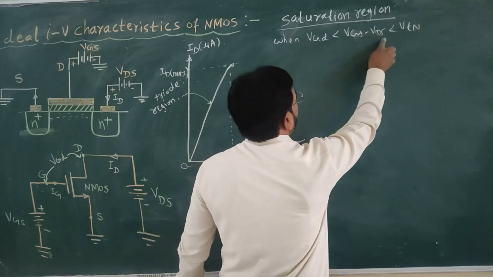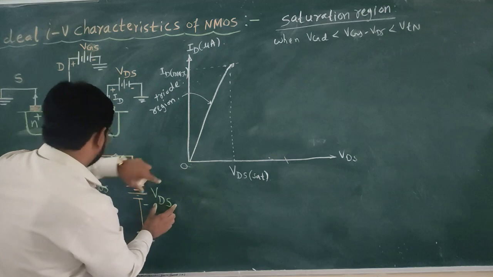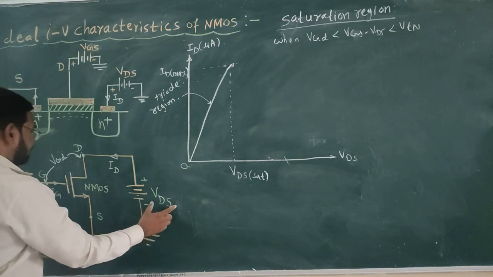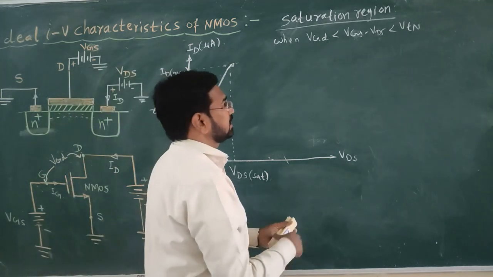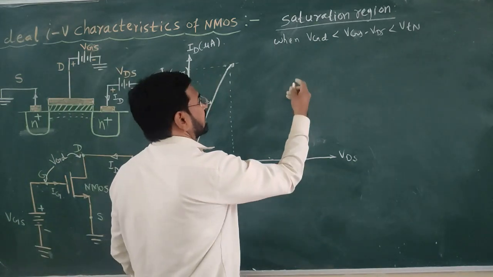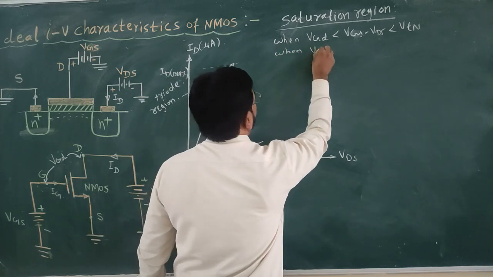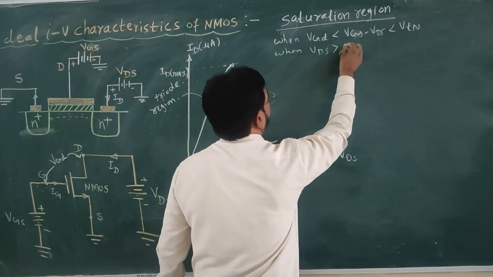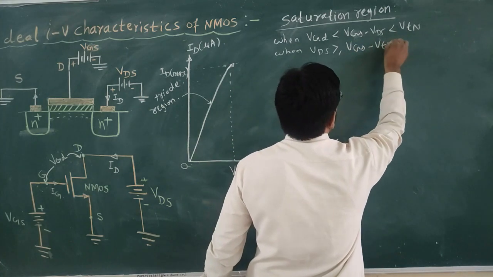See this. So, when the difference of these two voltages, VGS and VDS, is less than VTN, at that time the device goes into saturation. Or we can also say when VDS is greater than VGS minus VTN.